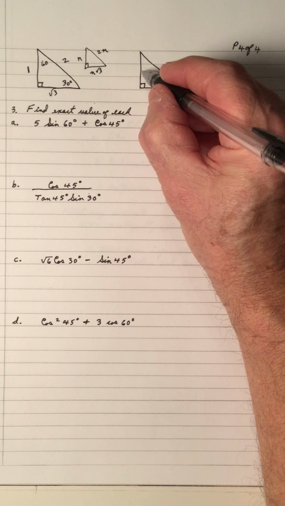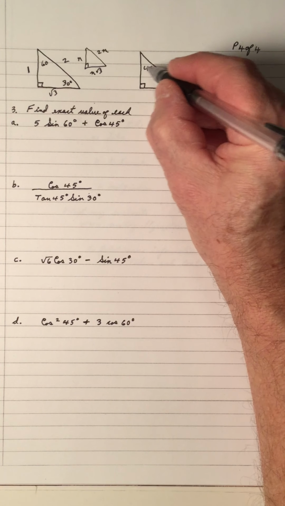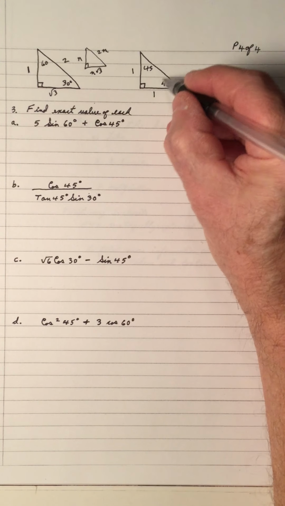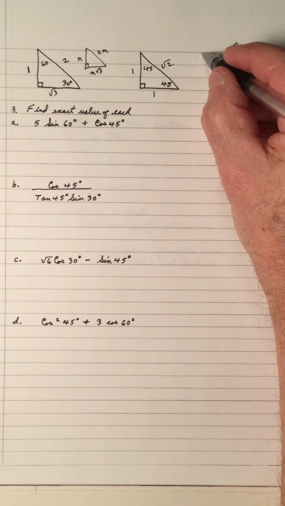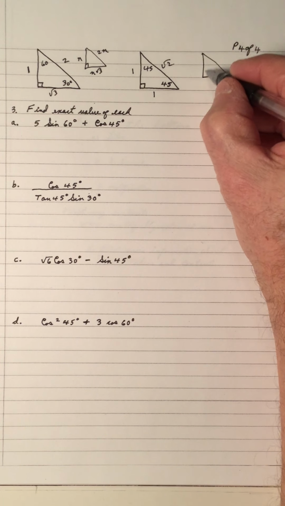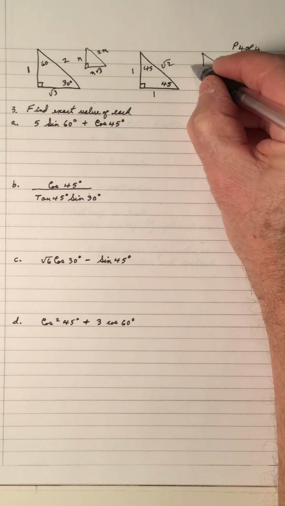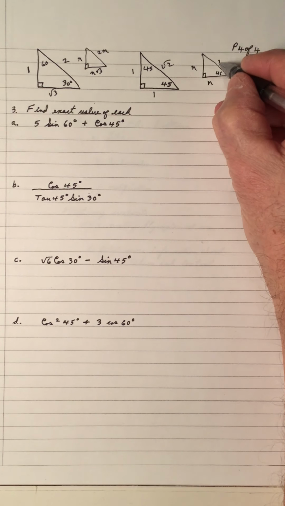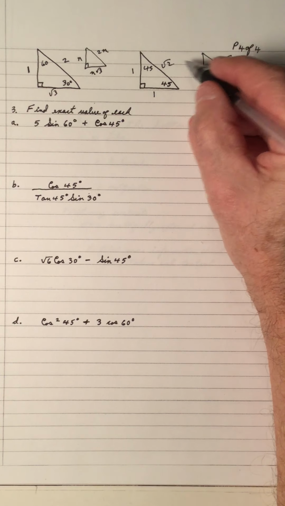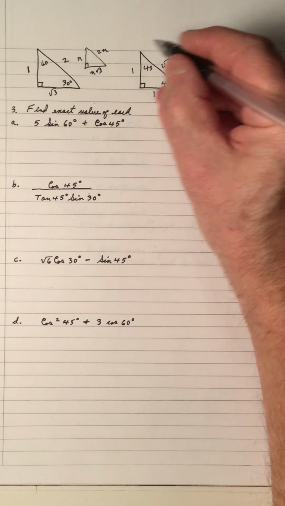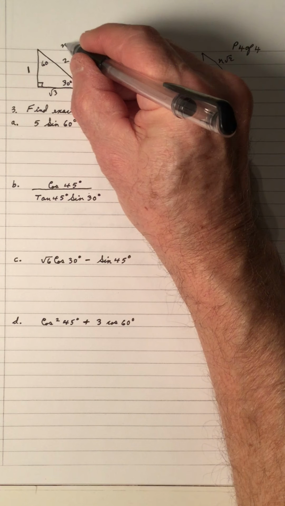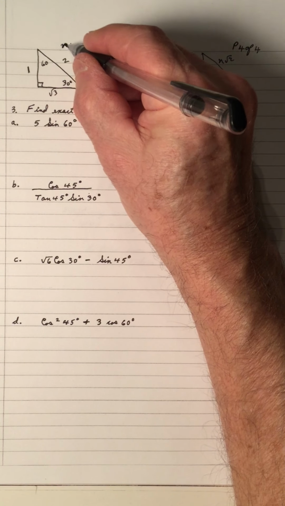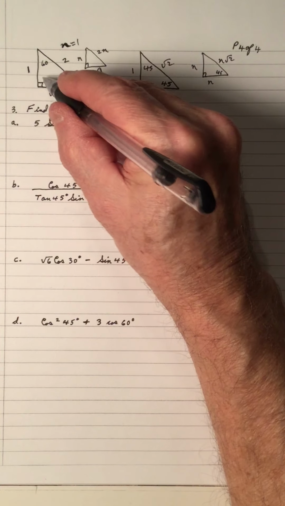And over here, I use, that's a 45. So this is a 1, and a root 2. Why? Because in a 45 right triangle, this is n root 2. So n is 1 again. So when you let n equal 1, you get this triangle.